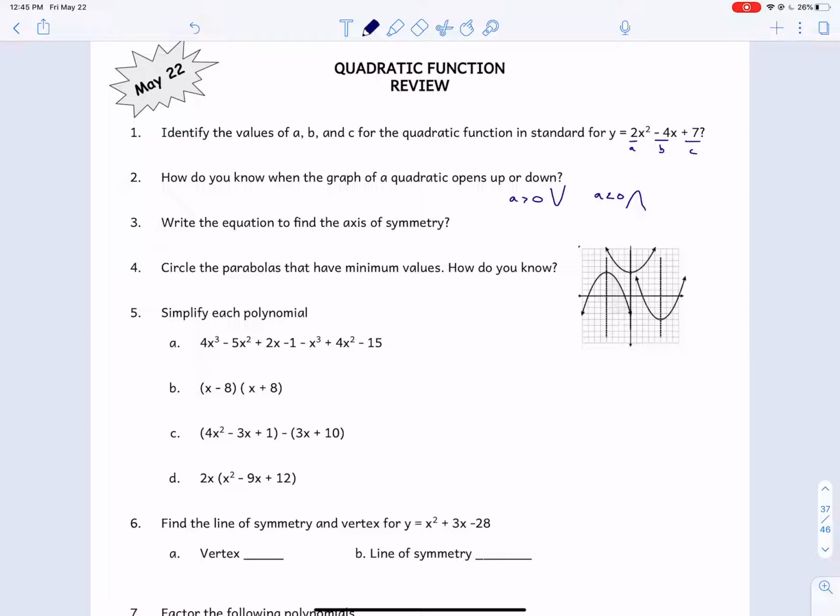Write an equation to find the axis of symmetry. So remember what that was. X equals negative B over 2A. And if you remember from the quadratic formula, that's that very first part, right? So negative B, then we have all the rest, and we have over 2A. So that's that first half of our answer.